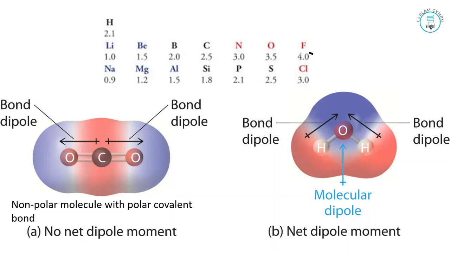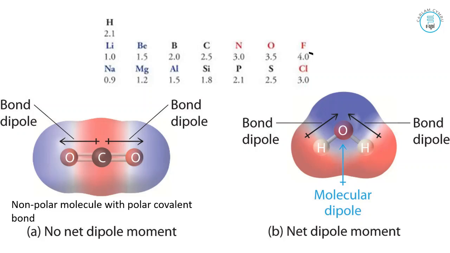I'm just going to talk to you very quickly about a little issue to do with molecules having polar covalent bonds in. So we've got two molecules here. We've got carbon dioxide and we've got water, and they both have polar covalent bonds in. But the carbon dioxide is not classed as a polar molecule.